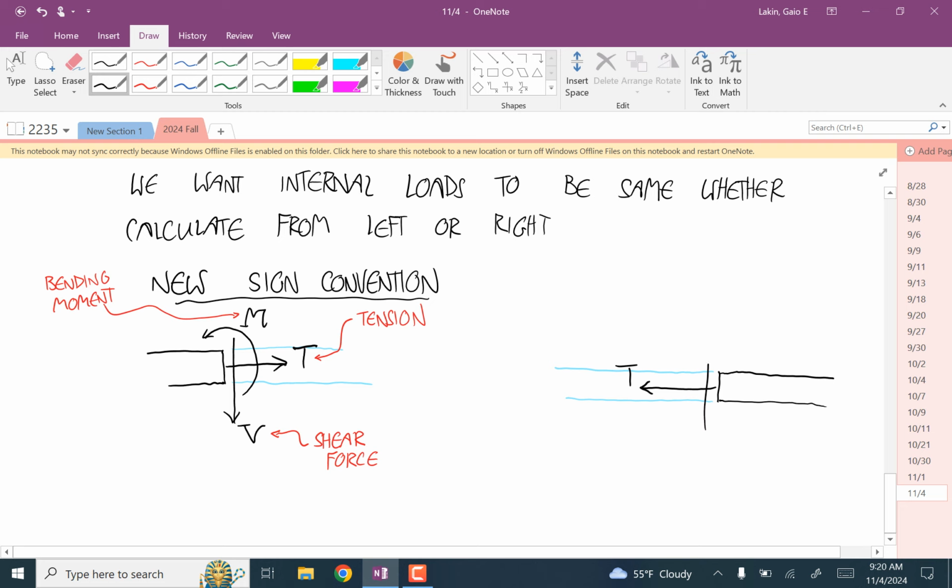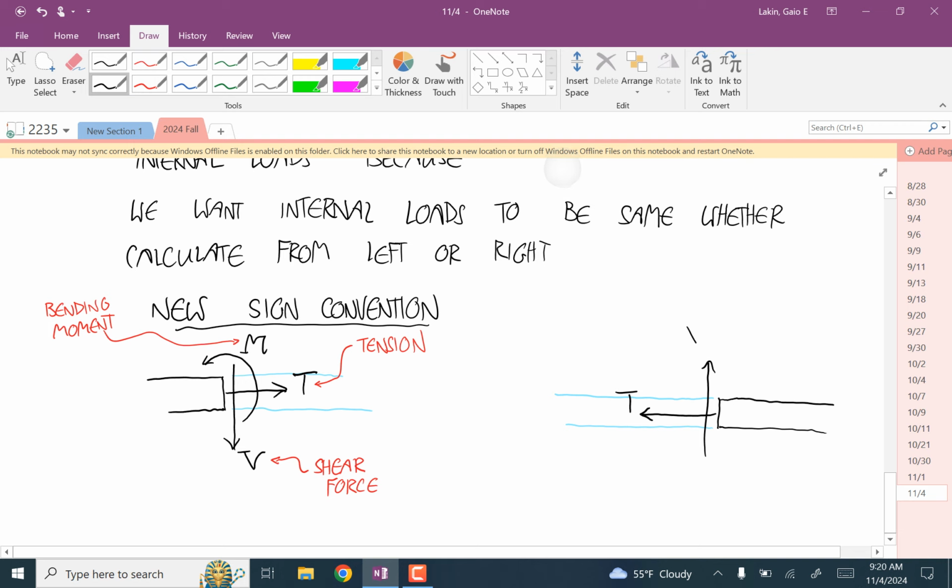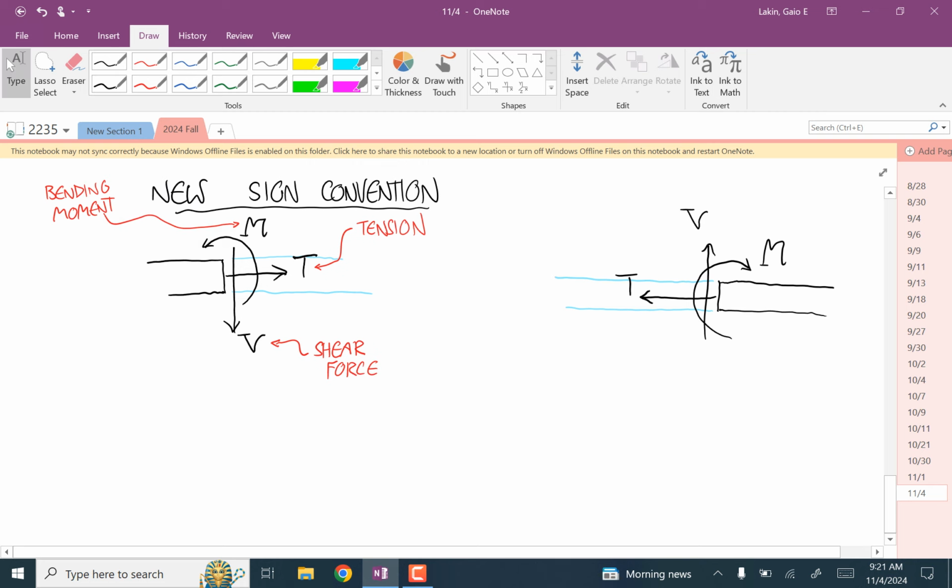Our shear force would be measured like this, and our bending moment would be like this. So depending on which side you're going from, the direction that you call positive is opposite. And the benefit of that is in either one of these cases, in the same problem, no matter which way you calculated it, you get the same values. So now you get the same values from either side.